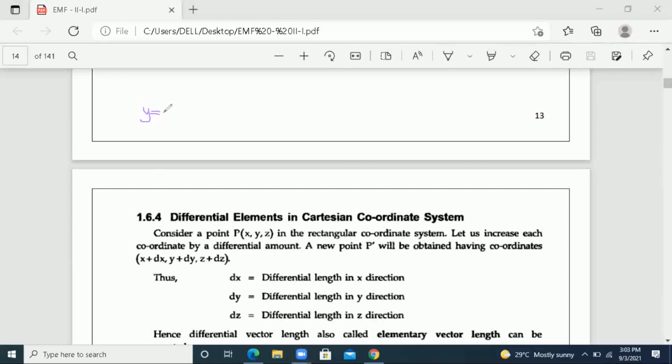So y equals x squared. What is dy by dx? Change in y with respect to change in x. And what does this work out to?